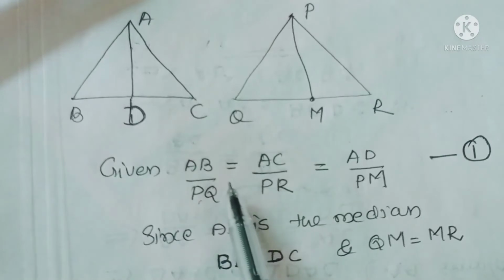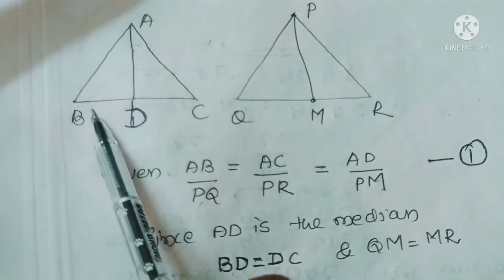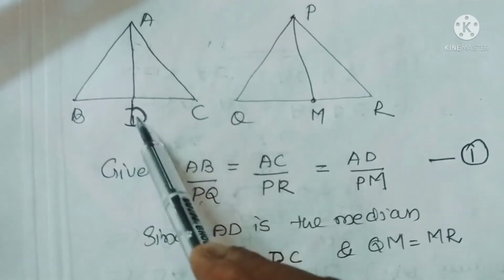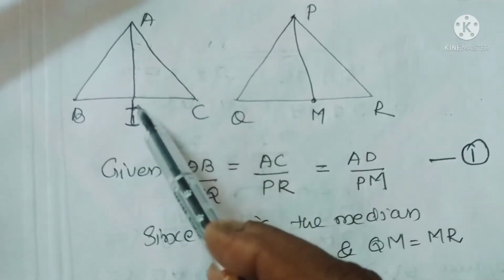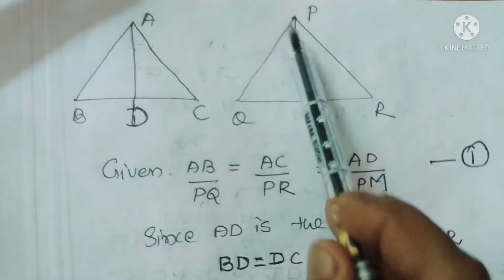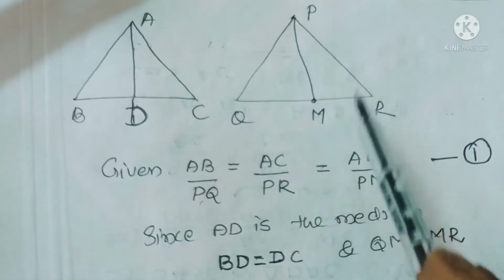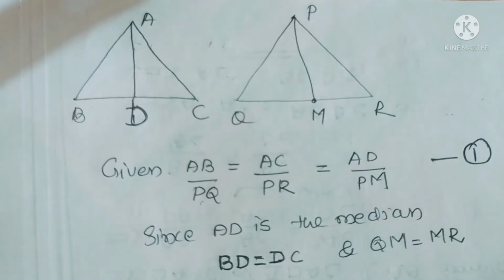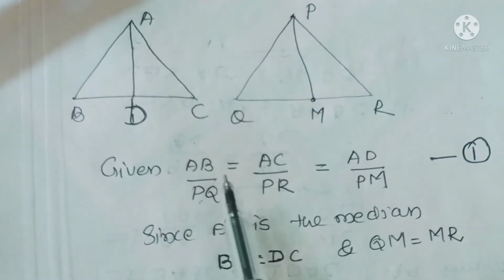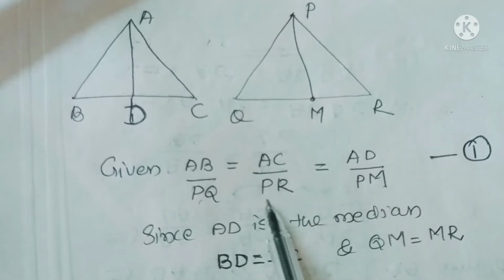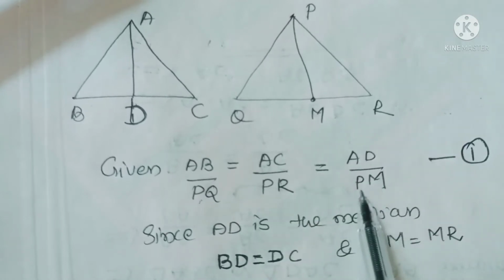In the 14th question, sides AB and AC of triangle ABC and the median AD are proportional to the sides PQ, PR and median PM of triangle PQR. So we want to write the ratios as AB by PQ equal to AC by PR equal to AD by PM.